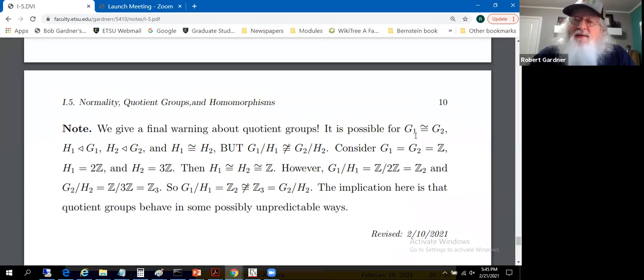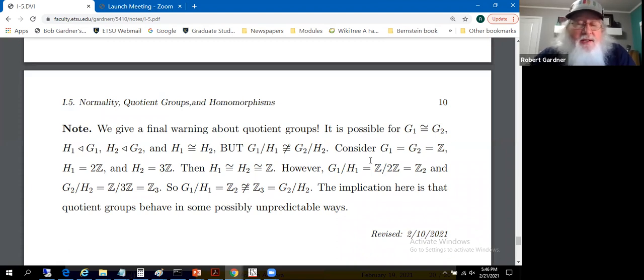It's possible to have G1, a group isomorphic to group G2, H1 a normal subgroup of G1, H2 a normal subgroup of G2, and those subgroups isomorphic to each other, but the quotient group G1 mod H1 may not be isomorphic to the quotient group G2 mod H2. If you will, the numerators are isomorphic, the denominators are isomorphic, but the quotient groups are not isomorphic.